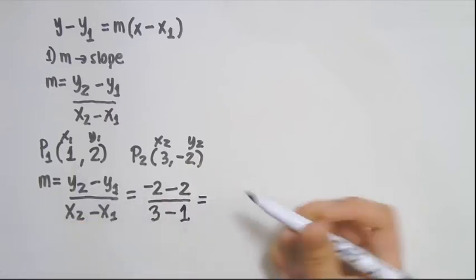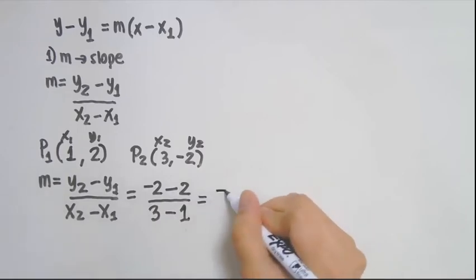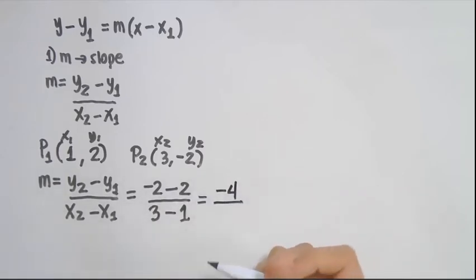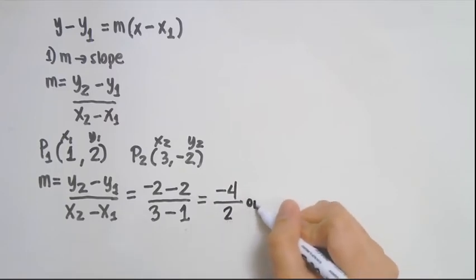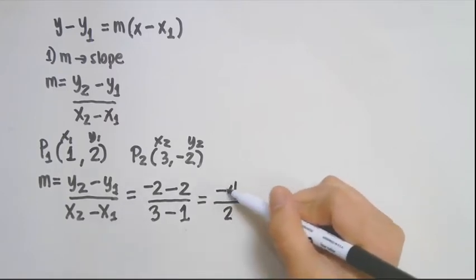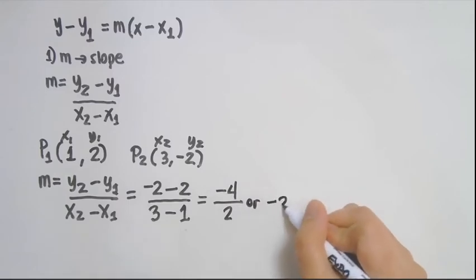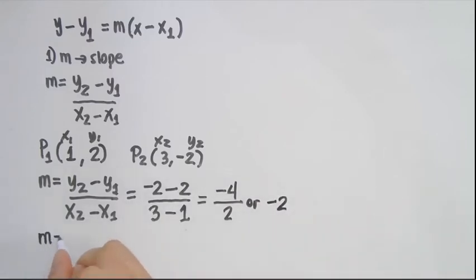And then we simplify. -2 minus 2 is equal to -4, all over 3 minus 1, which is equal to 2. Or -4 divided by 2 is equal to -2. Therefore, the value of our slope is equal to -2.